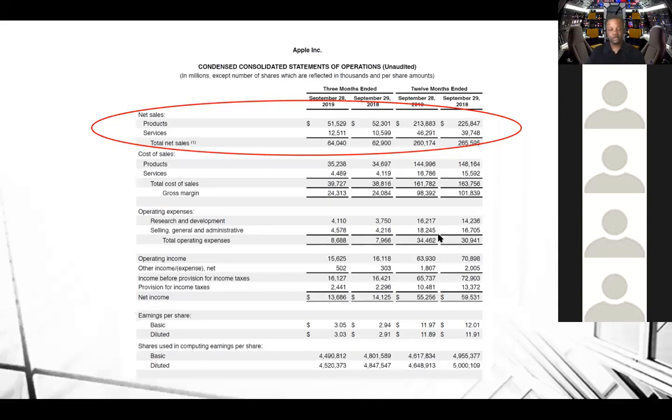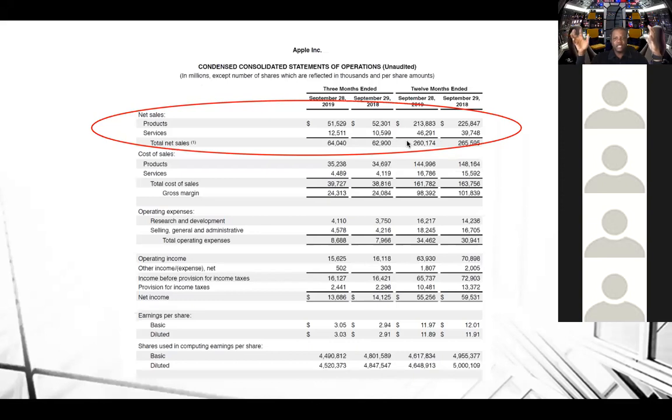I would argue that the most important number in a company's financial statements is this number right here. 260 billion, this is in millions, $260 billion. Revenue, in my opinion, is the most important number because it tells you, is the company good at doing what they do?